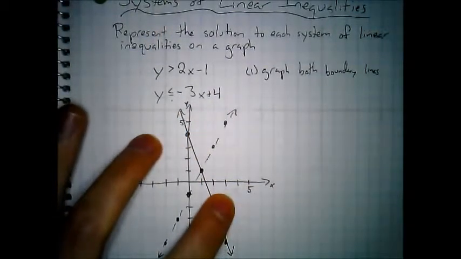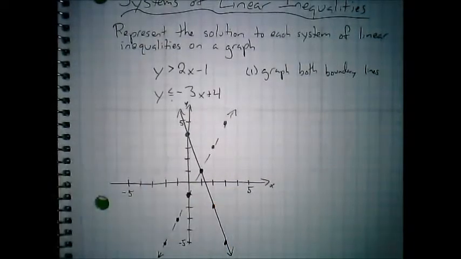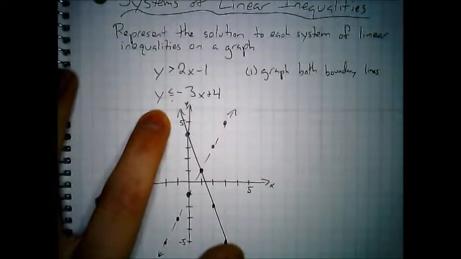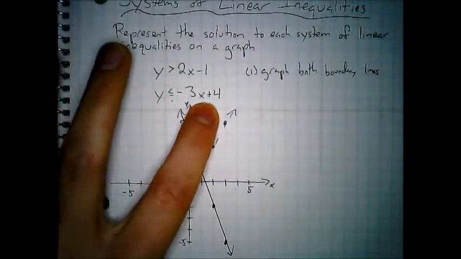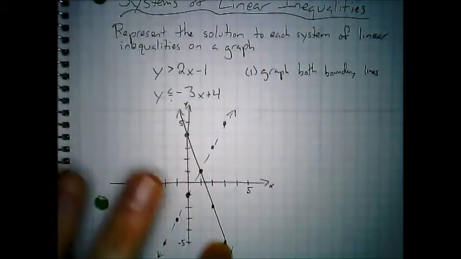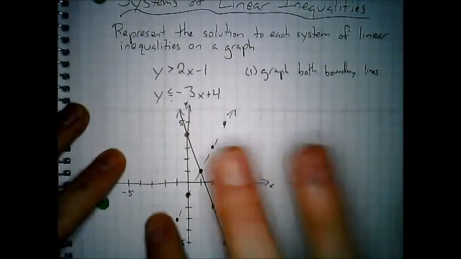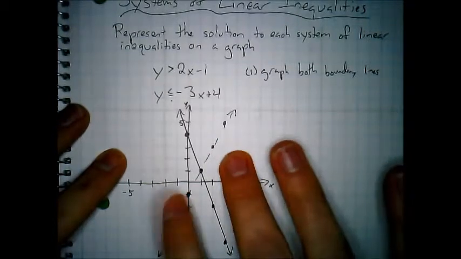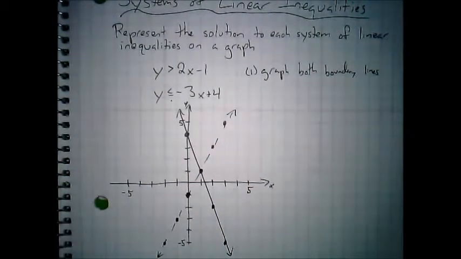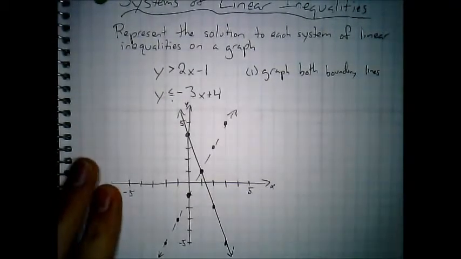So we want to know on which side of that line it is going to be greater. And at the same time, when will y also be less than negative 3x plus 4? So here is where it equals negative 3x plus 4. So we want to know on which side of this line y is going to be less than negative 3x plus 4. So again, until you discover your own shortcuts, we have 4 different regions to check.